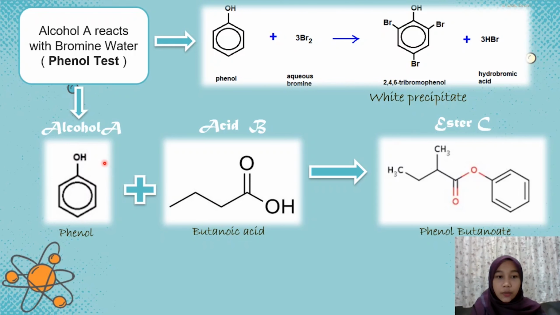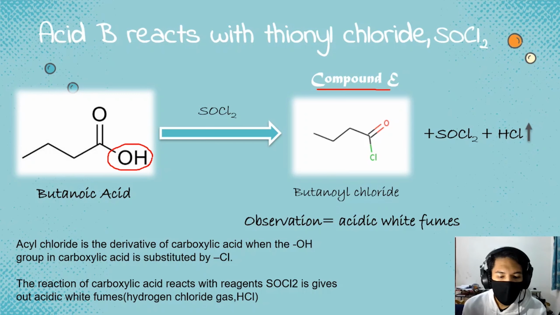Okay, I will explain how compound E can be produced. Compound E is the acyl chloride. It is a derivative of carboxylic acid where the OH group in the carboxylic acid is substituted by Cl.